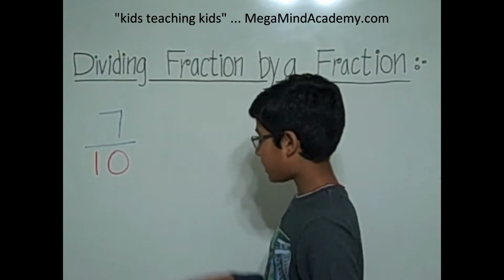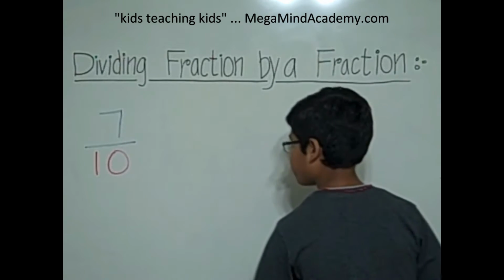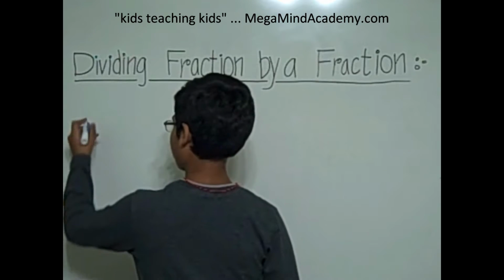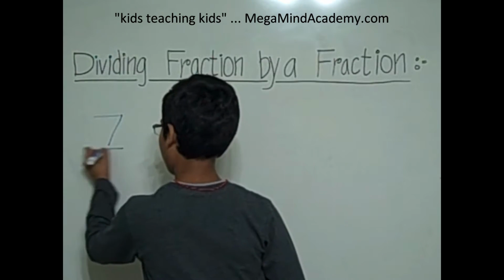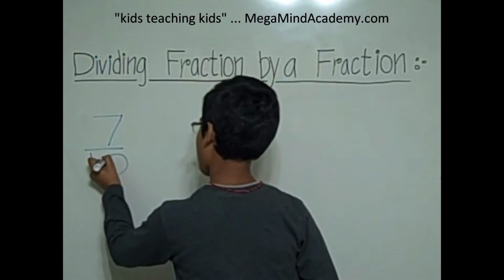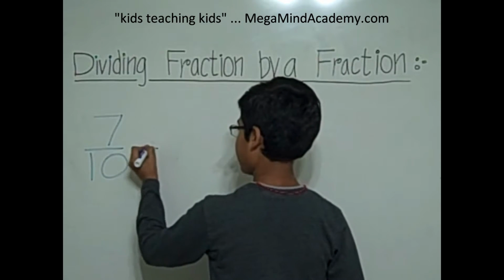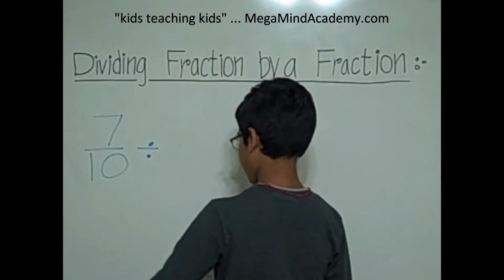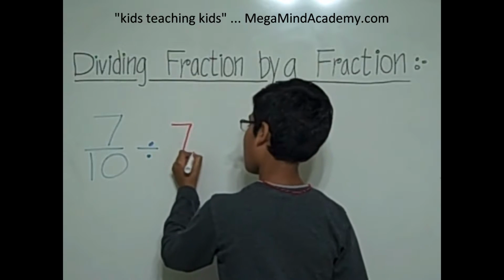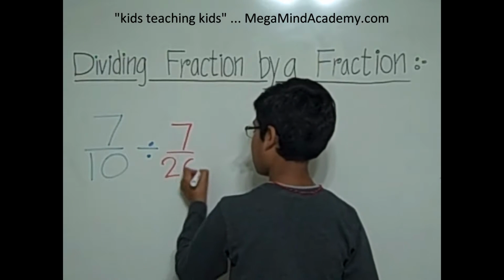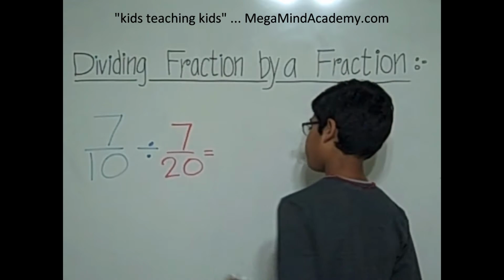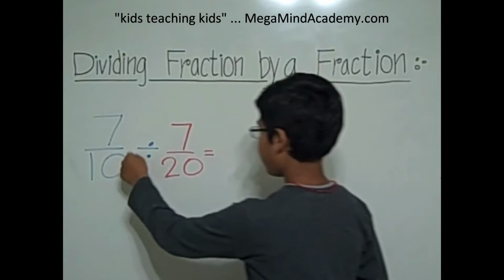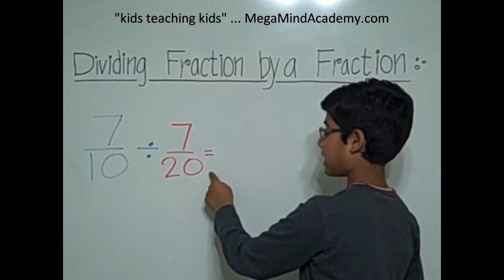Wait, let me write this in a different way. 7 over 10 over 20 is the denominator.